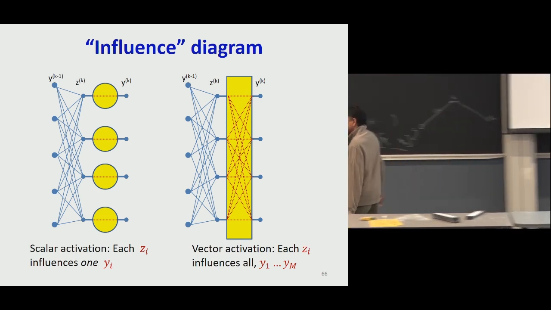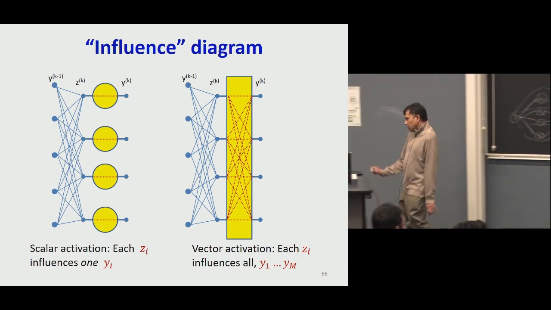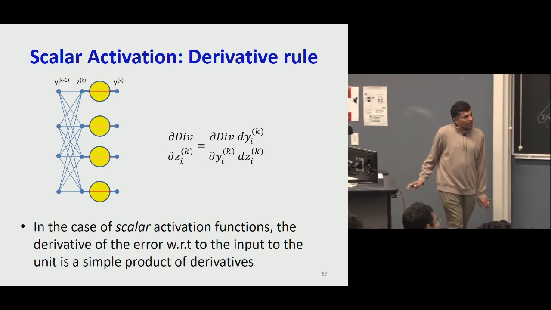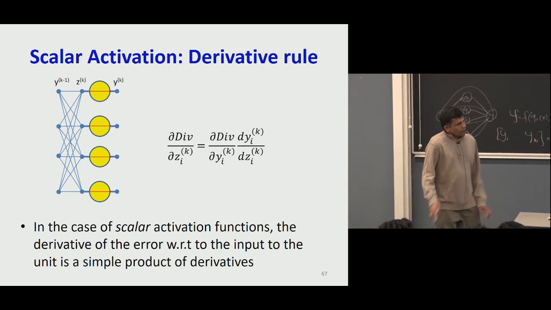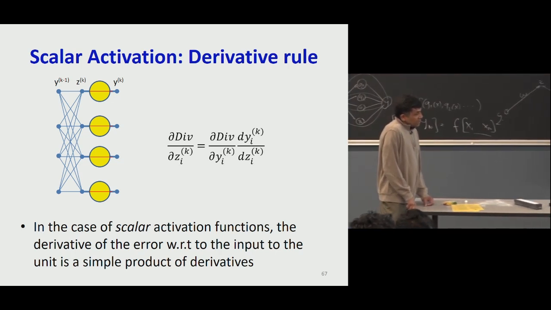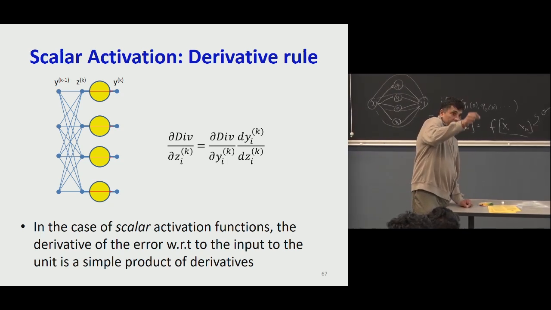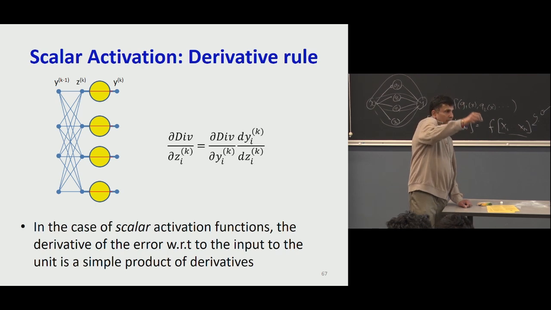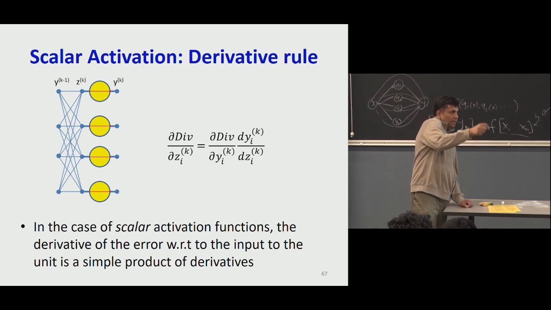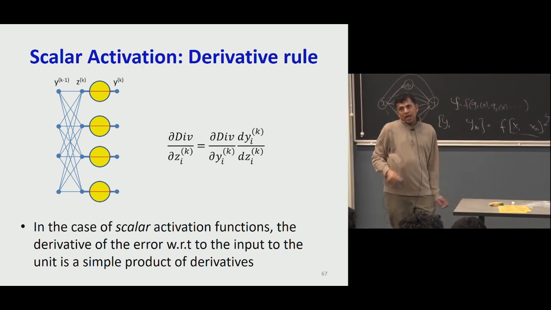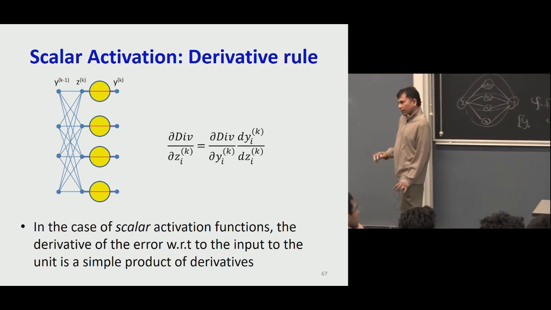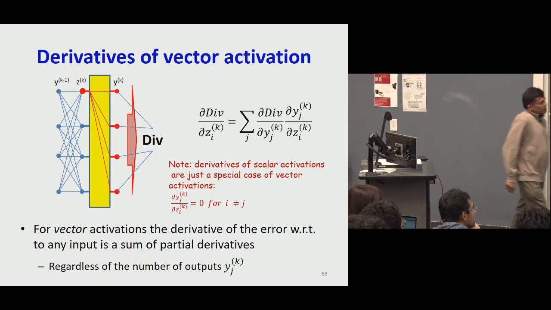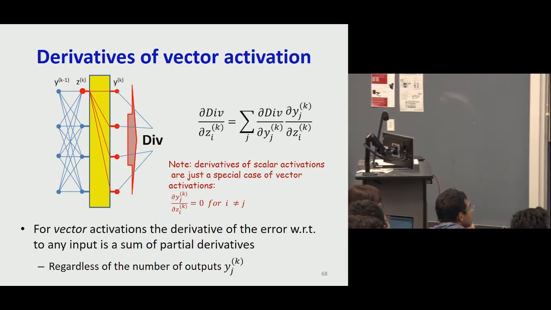So in this kind of situation, if I have the scalar activation, the backward pass is very simple, right? If I want to compute the derivative of the divergence with respect to z, I can do this individually for every one of my neurons. For each neuron, I compute the derivative of the divergence with respect to y, and then multiply it by the derivative of the activation function. Very straightforward.